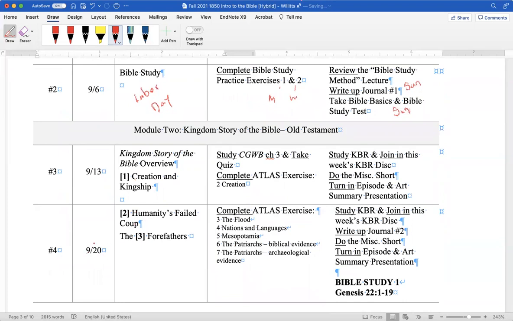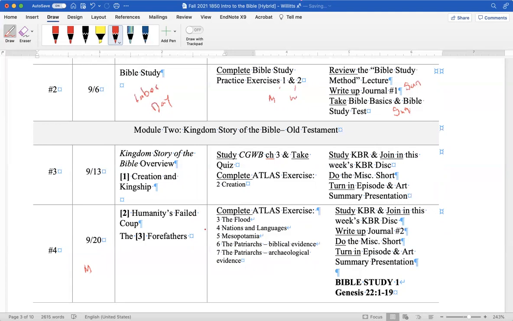Well, in week 4, which begins on Monday, 20th, and ends on the following Sunday, we will be covering 2 episodes, episode 2 and episode 3, Humanity's Failed Coup and the Forefathers.